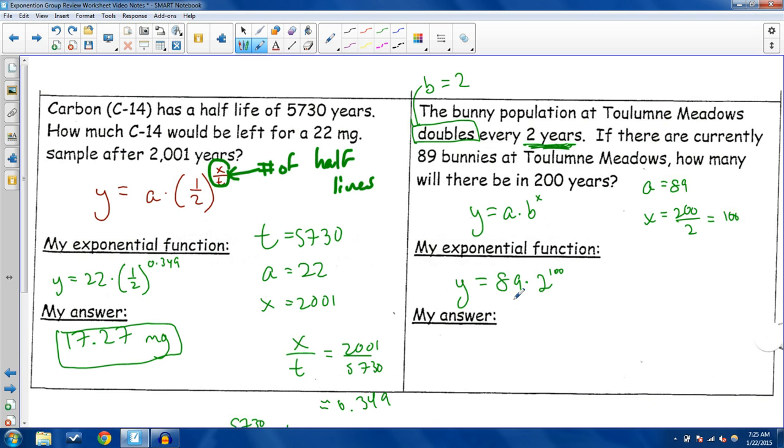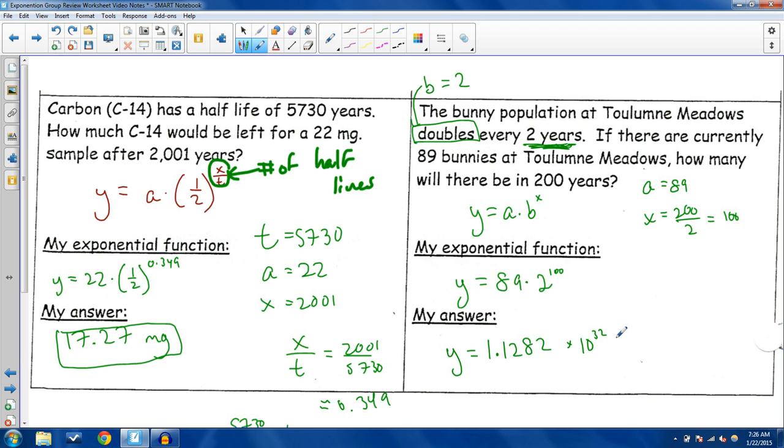Now we get to see what 2 to the 100 power is. Finally, yay. 2 to the 100. That's a big number. And then times 89. So my number is so big. Are you serious? That's a lot. Y equals, so here's what my calculator says, and I'm going to cut off some of the decimals here. 1282, and then it says times 10 to the 32nd power.